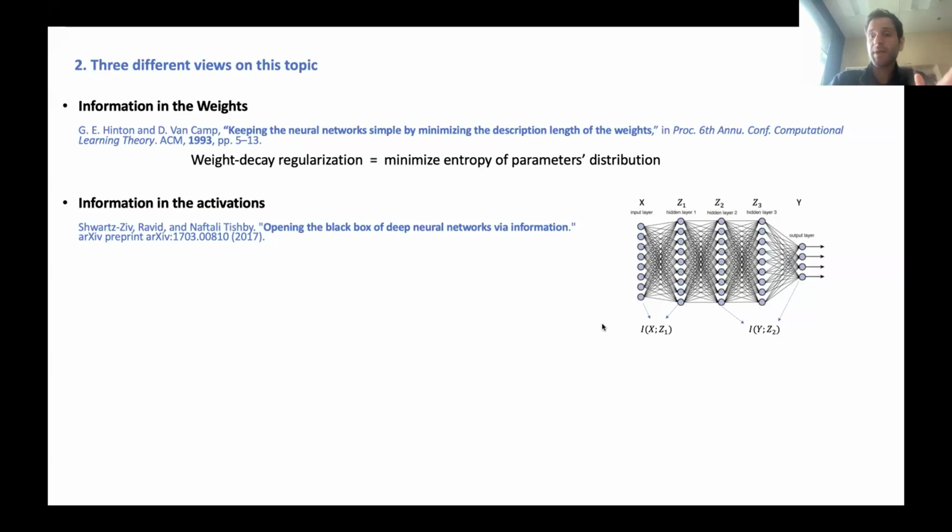They measure information between the input layer and hidden layer, and output layer. So this was a classification problem. And they basically show that you go through a phase of data compression, where the mutual information between X and Z decreases in the second phase of training.